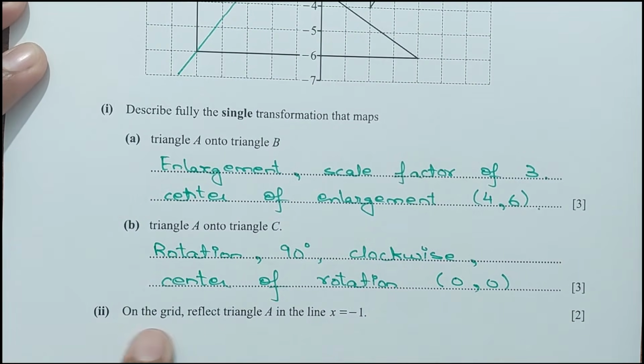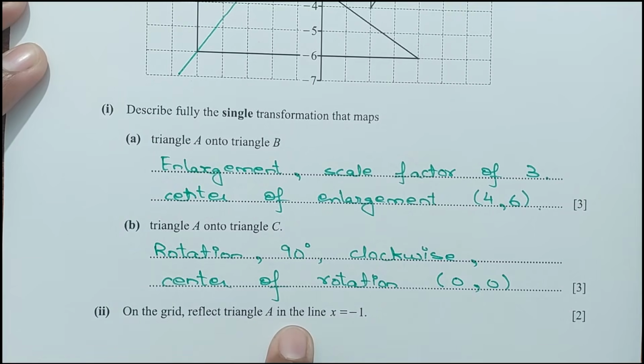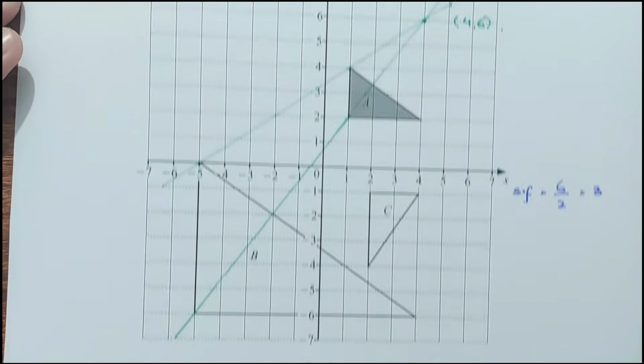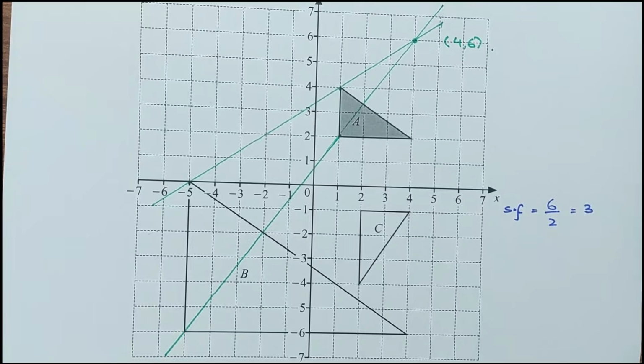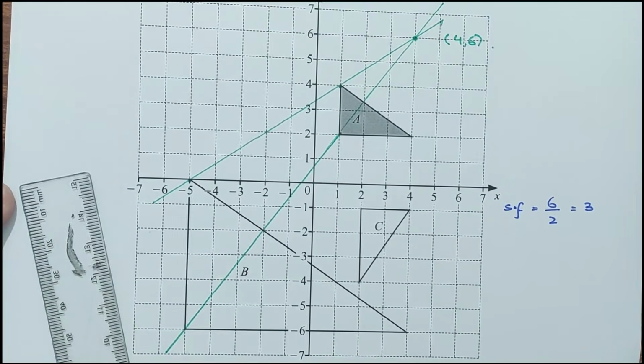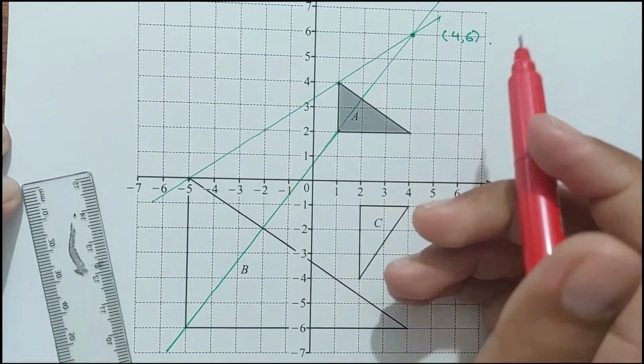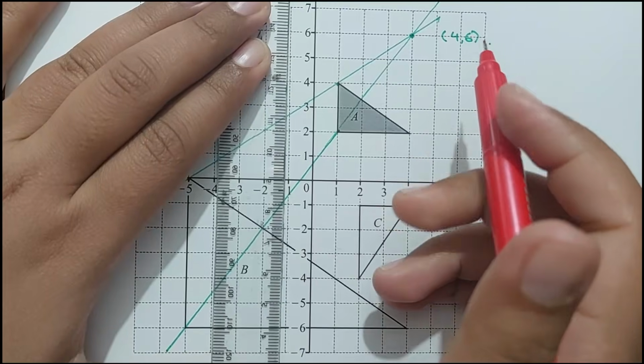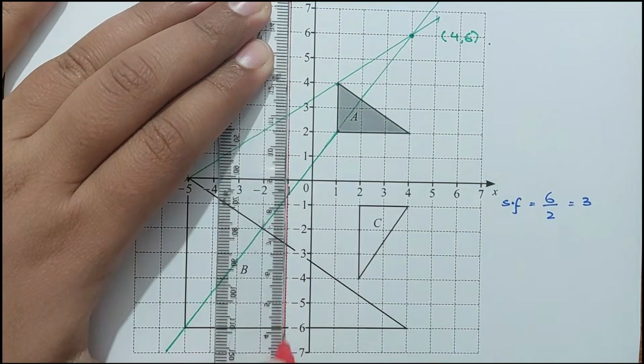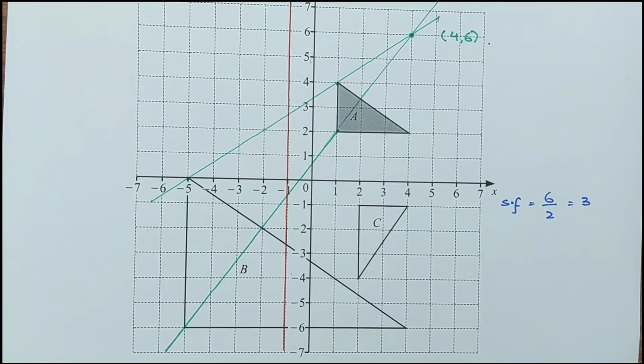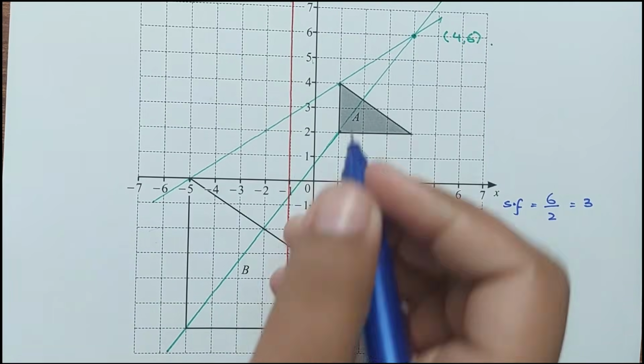Now for the second part on the grid, reflect triangle A in the line x equals -1. We have to find the reflection of triangle A. Draw the line x equals -1. So this is the line x equals -1.